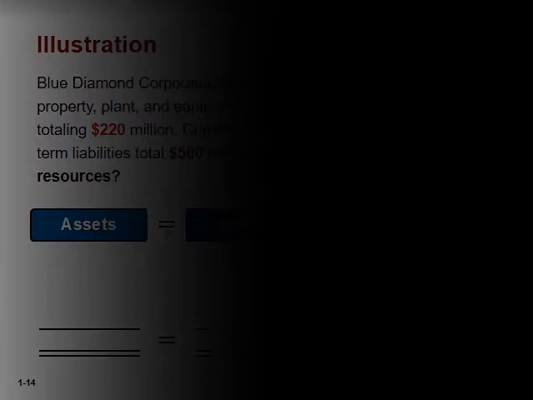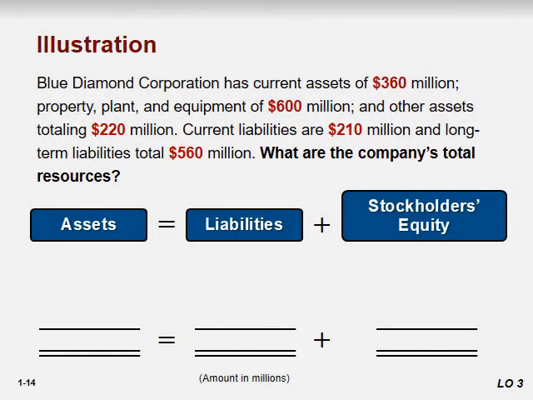So let's do that. We know that the accounting equation is assets equal liabilities plus owner's equity. So we have current assets 360, plant, property and equipment 600, and other assets 220. What are the company's total resources? Here it is, 360 plus 600 plus 220.